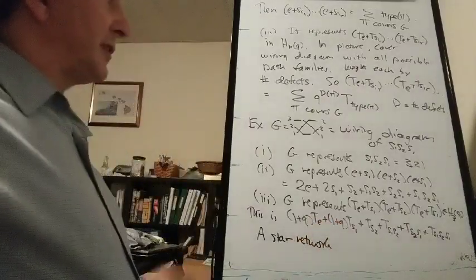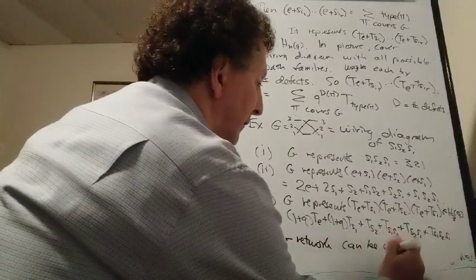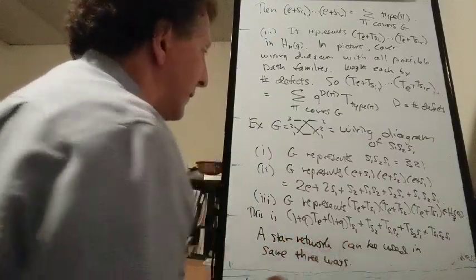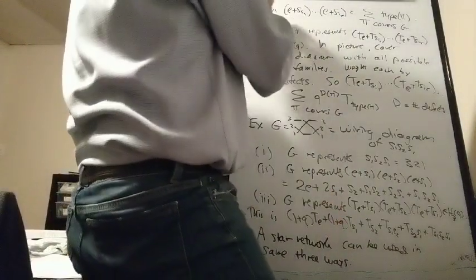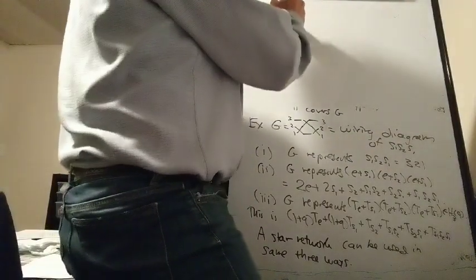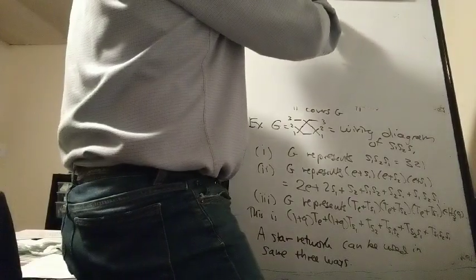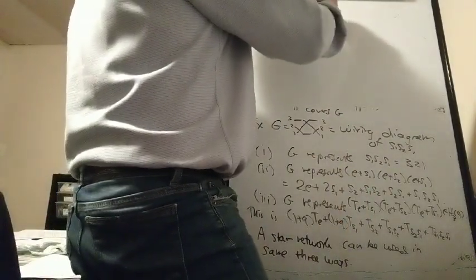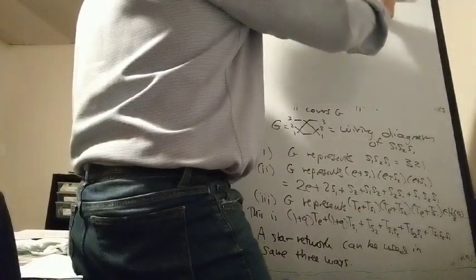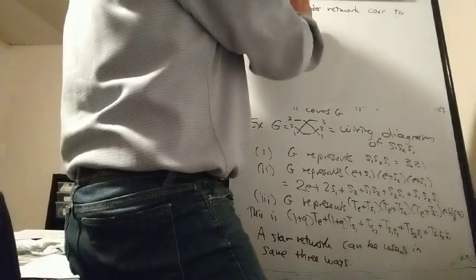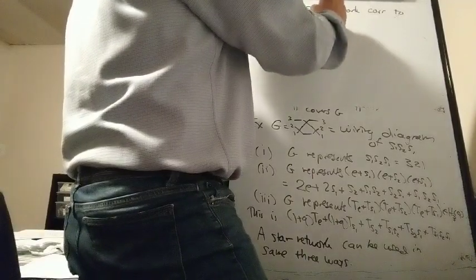Now, a star network can be used in essentially the same three ways. So first of all, let G be the star network corresponding to the sequence of intervals or reversals S sub I1J1 through S sub IRJR.